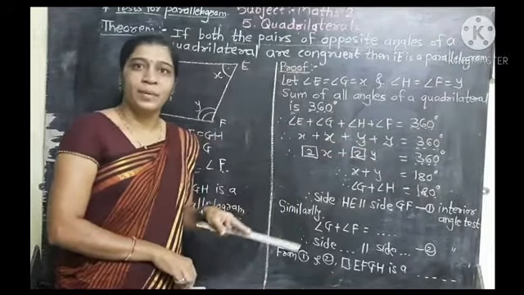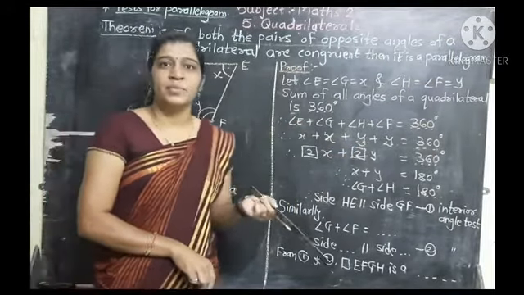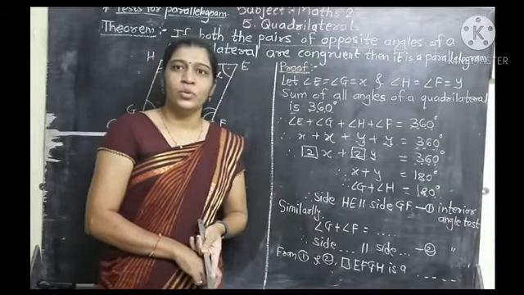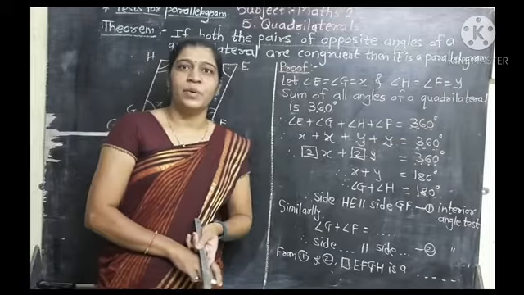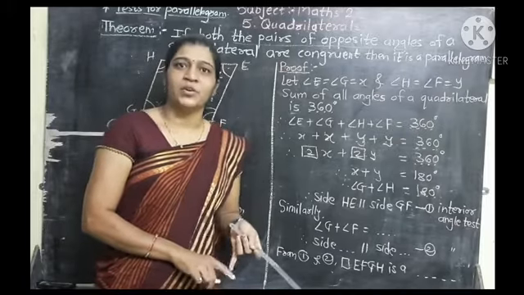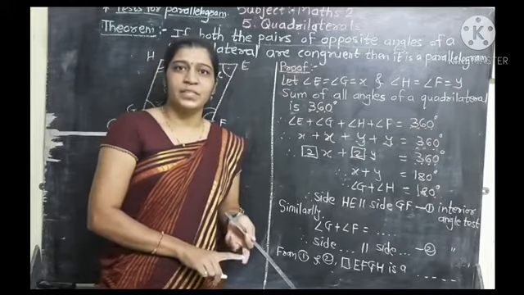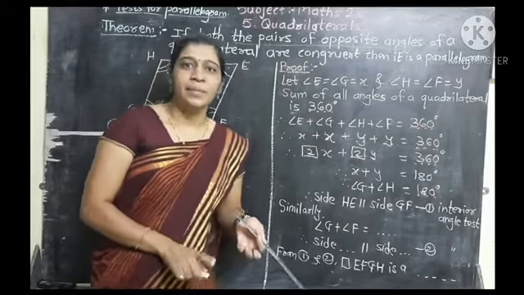So for proving a parallelogram, opposite sides must be parallel. And for the opposite sides to be parallel, we know the parallel lines property. If the corresponding angles are congruent, or alternate angles are congruent, or interior angles are supplementary, then the lines are parallel.